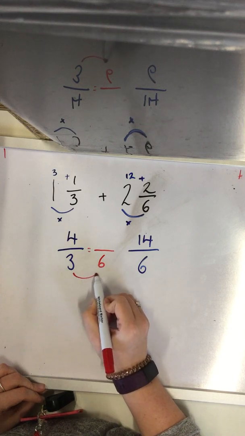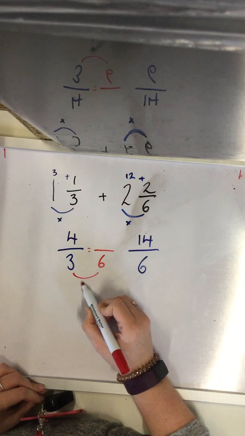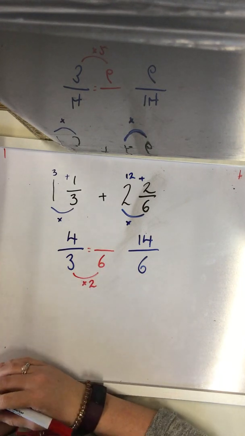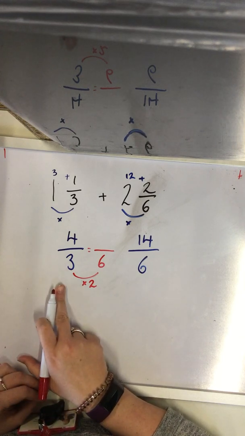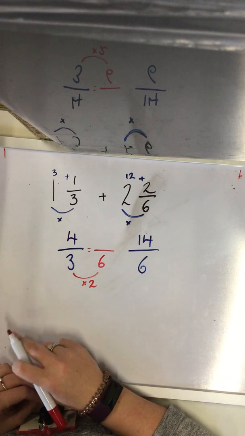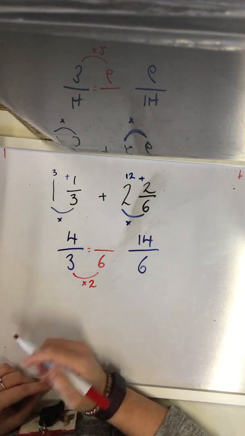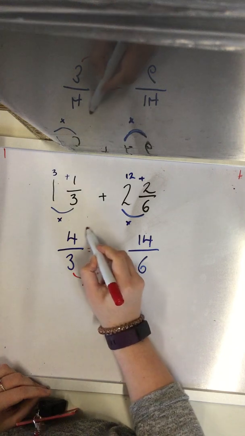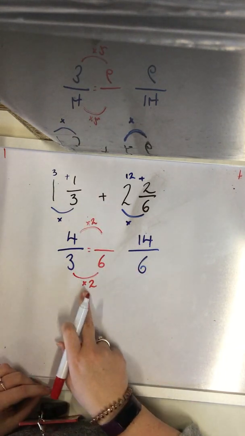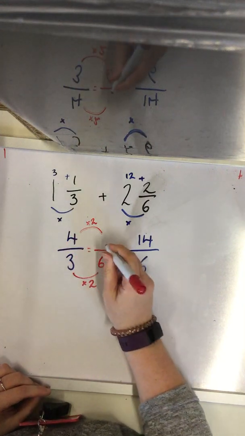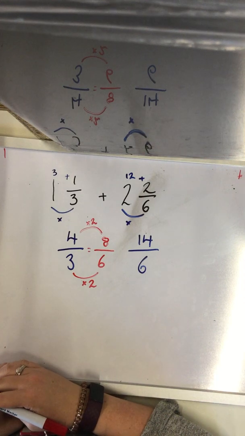So how do I get from 3 to 6? Well, I times it by 2. Therefore, whatever we do to the bottom, we have to do to the top. And the same way around, whatever we do to the top, we would do to the bottom. So therefore, if 3 times 2 is 6, 4 times 2 is 8.